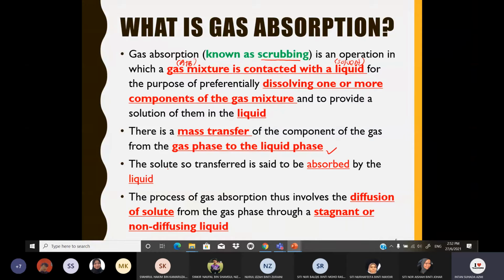The solute so transferred is said to be absorbed by the liquid. So your solvent will absorb component A, right? The process of gas absorption involves the diffusion of solute from the gas phase through a stagnant or non-diffusing liquid. Okay, so that's all for this slide.